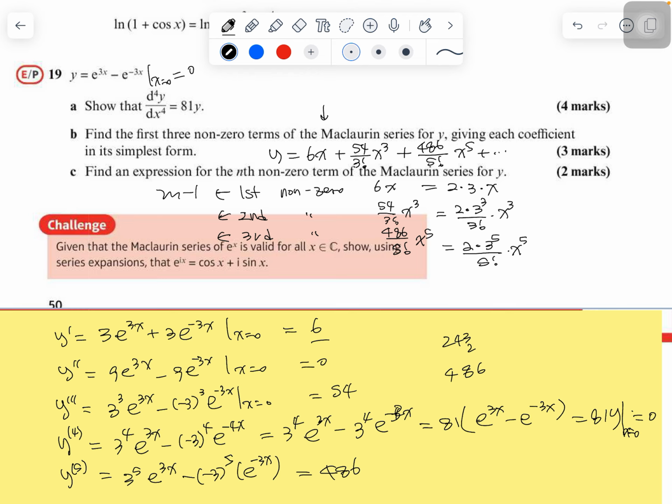So the nth term is 2 times 3 to the power of 2n minus 1 over 2n minus 1 factorial times x to the power of 2n minus 1. I think this is the one. When you put 3, you will find, yeah. So this is the one.